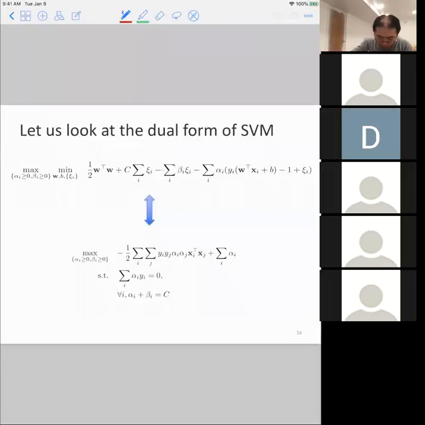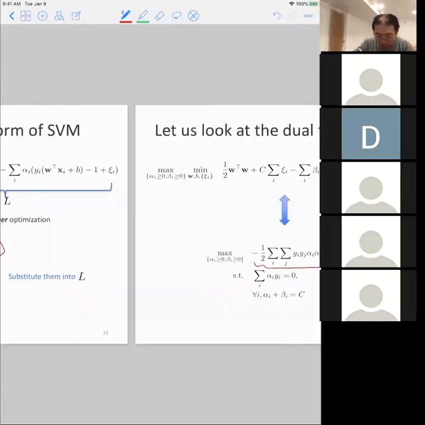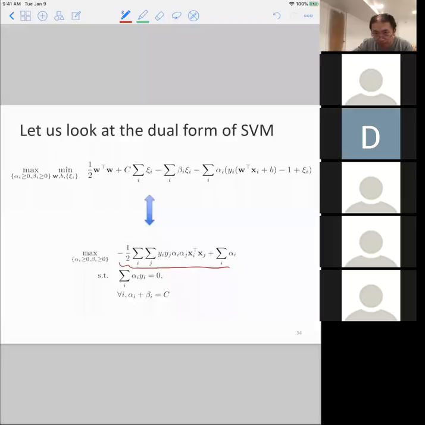You end up with your objective function now simplified in this form. You don't have terms which contain ξi's. You don't have terms which contain B, because when you apply this and apply this, they just disappear. And if you substitute this weighted summation of W for W in L, you end up with this quadratic summation.